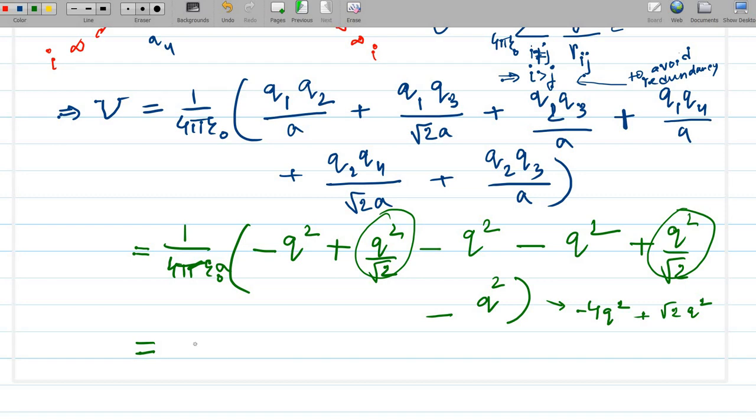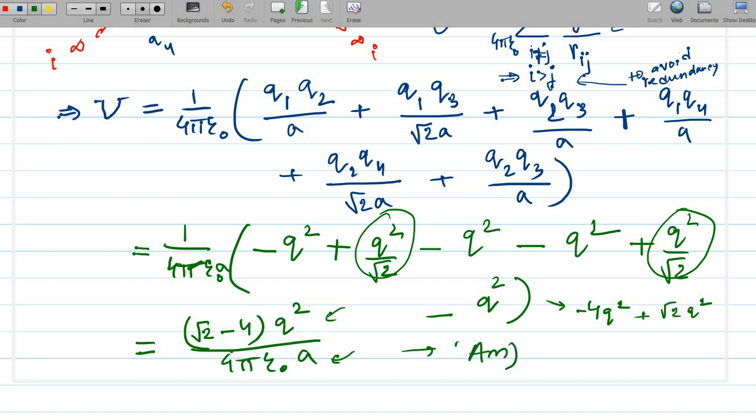You have root 2 minus 4, times Q squared divided by 4 pi epsilon naught A, and then you just plug in the values for Q squared and A, and that will give you a number, and that would be the answer. It's that easy. But remember, the tricky part is to take these combinations here.